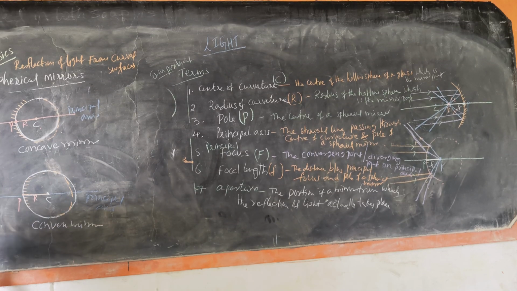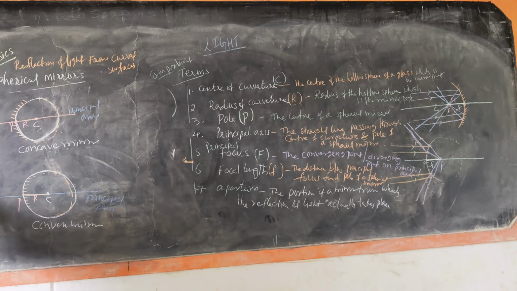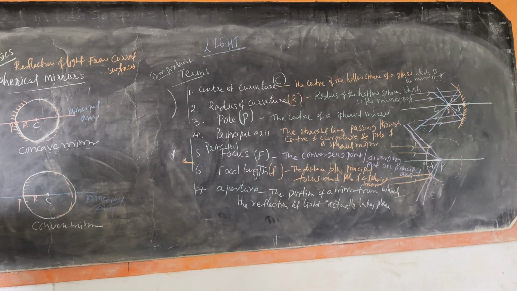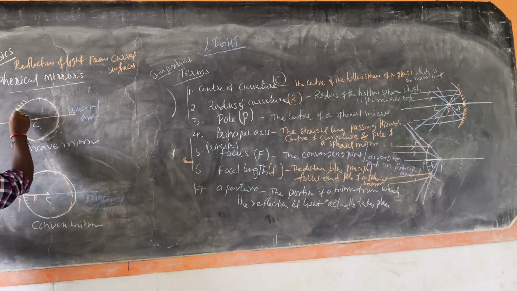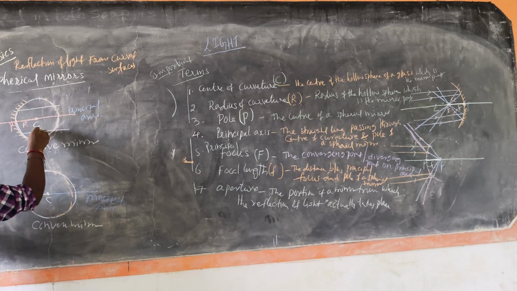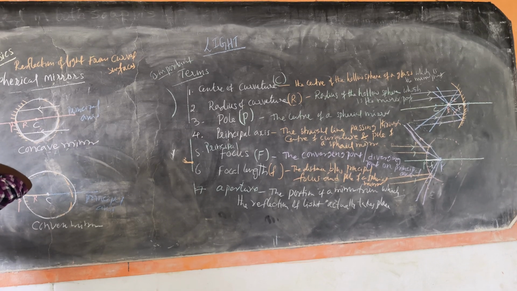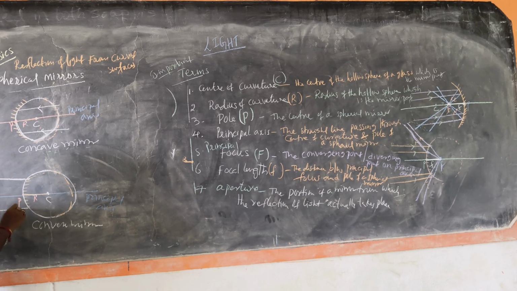Next one, focal length, or before that, the focus, the converging point. Take two incident rays, let us understand it very easily.